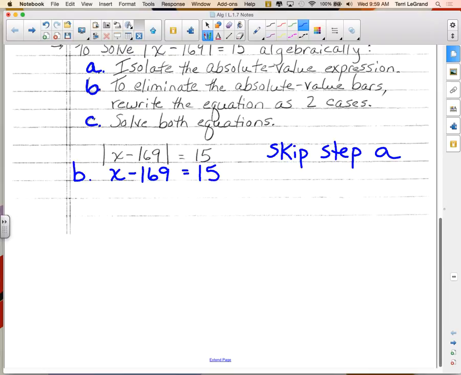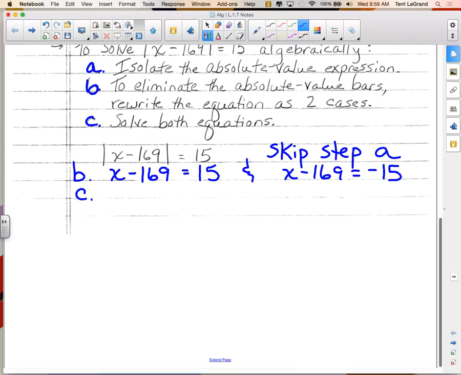Well, 15 happens to have a distance of 15, and negative 15 happens to have a distance of 15. So notice there's no more absolute value bars in there. We've eliminated them by setting up our two cases, setting the expression equal to the two numbers that have that distance. And now in step C, we're going to solve.